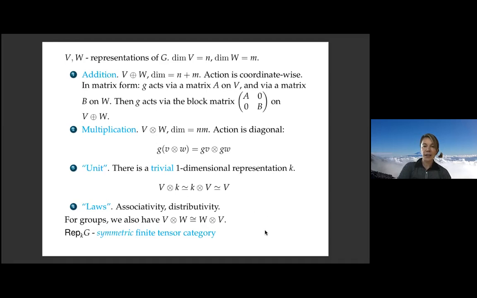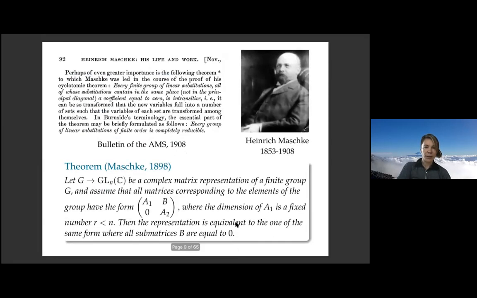And in the case of groups, it's also symmetric, meaning that you can multiply V by W or W by V, and they're naturally isomorphic. So it's a special property which doesn't always hold in more general cases. But the outcome is that we can sort of work with this category as if it were a ring. Okay, now let's get to Maschke's theorem.